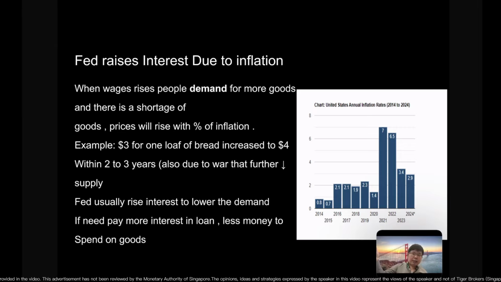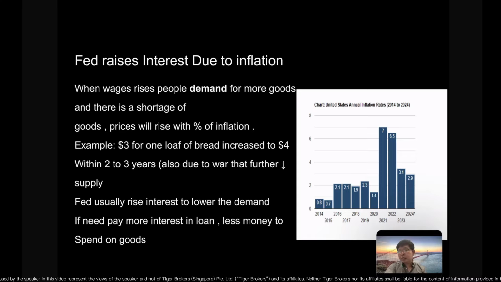As the interest paid on the loan is more, people have less to spend on goods, and the demand for goods will decrease, leading to less inflation. So why is the interest rate so high now? Because the Fed increased it to do this, as in the last paragraph. They increased the interest rate.